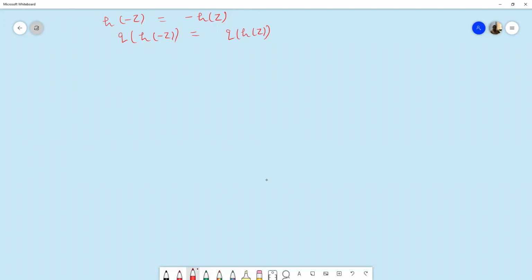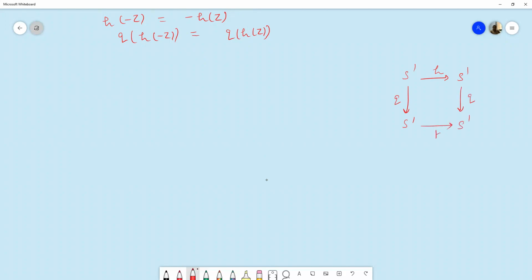So it means Q circle H. Now we have these types of mappings. We have this S1 to S1, we have H, and we have this Q mapping from S1 to S1, which is a quotient map. This is also a quotient map from S1 to S1.